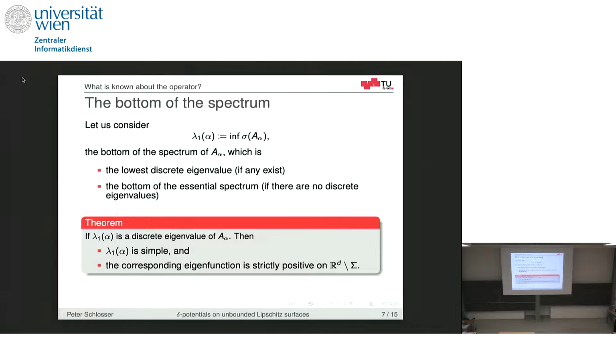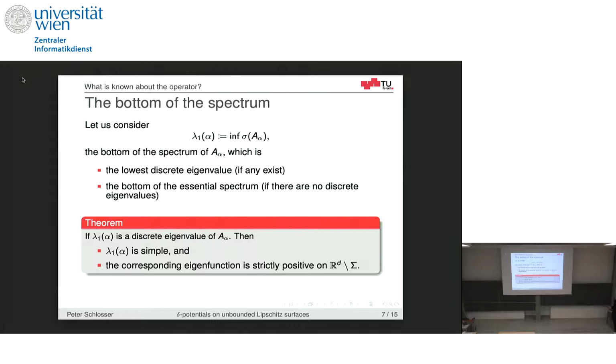Then you can at least prove that if there is a discrete eigenvalue of A alpha, then it is always simple in the general setting, and the corresponding eigenfunction is always strictly positive on R^d without sigma. I don't claim to be the first one who ever proved this, and this should surprise nobody, but maybe in this general setting it's not stated somewhere.